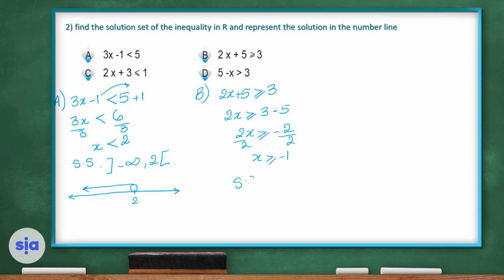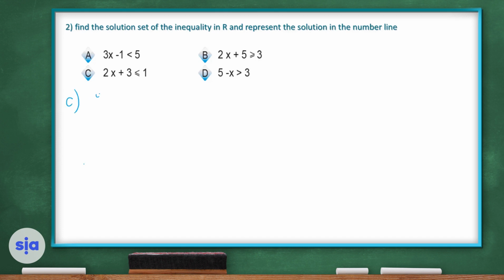The solution set starts from -1 closed all the way until positive infinity opened, where the number line is from -1 closed to the positive infinity.